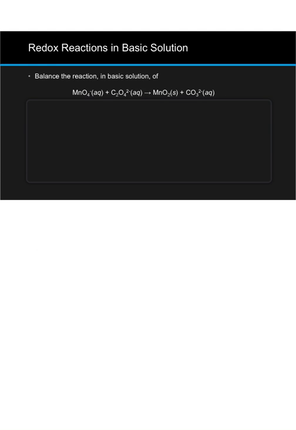To begin, let's balance the redox reaction that occurs in basic solution between permanganate and oxalate to form MnO2 and CO3 2-. We'll start by writing out half reactions. It doesn't really matter which is which quite yet, so long as we know that MnO4- somehow transforms into MnO2.